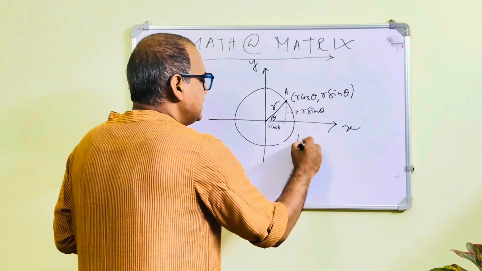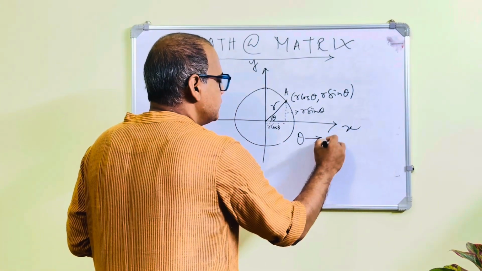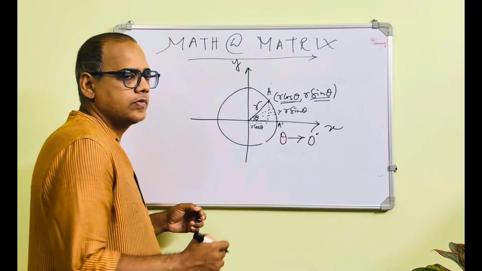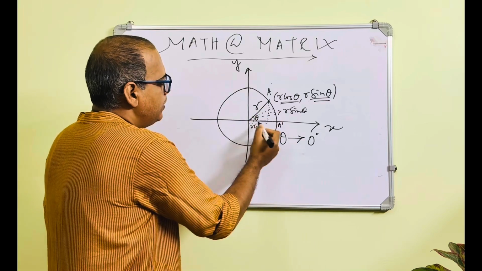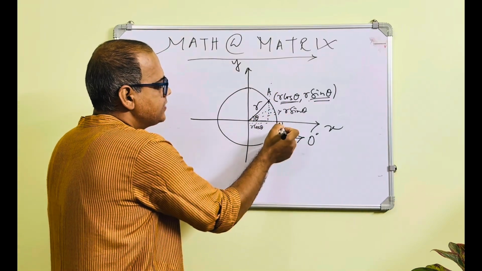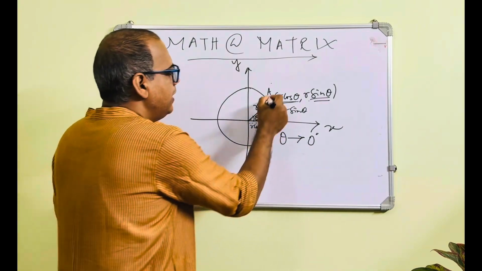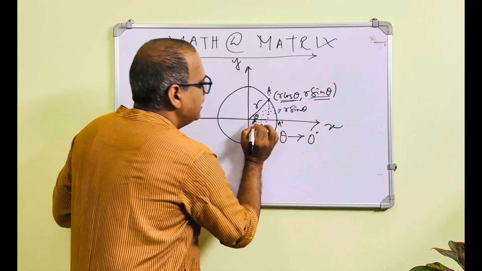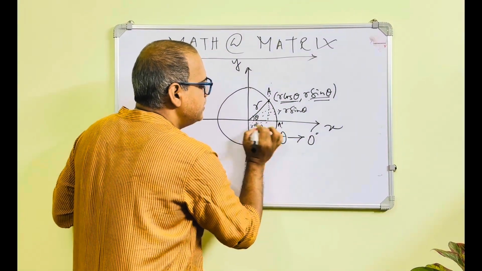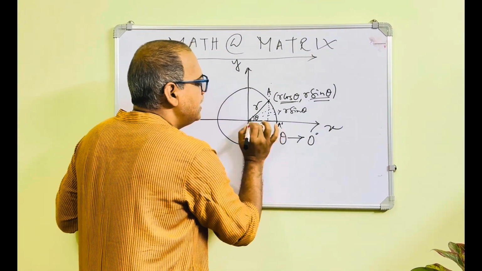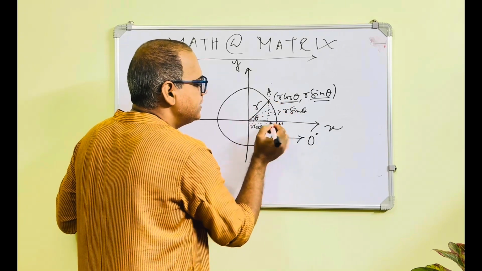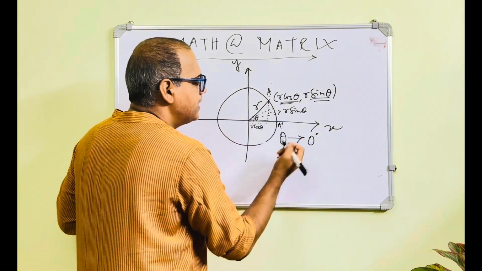Now, if theta tends to 0, so your A reaches over here, then theta becomes 0. If A comes here, your x component becomes this one. So this is also r. If A comes here, the x component will be exactly r.